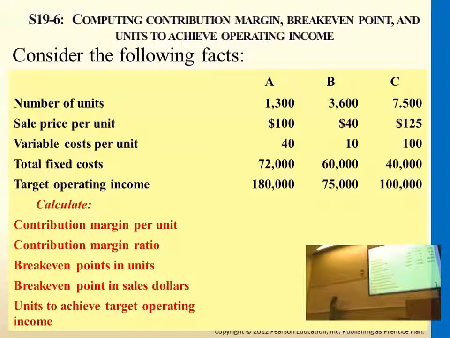All these together are divided by 60 because now we're trying to get the units. Okay? If the problem asks you what is the target sales revenue, then you'll be using contribution margin ratio. If it's units, divided by every unit's contribution margin. So how many units do we need? 4,200. Yes, 4,200.